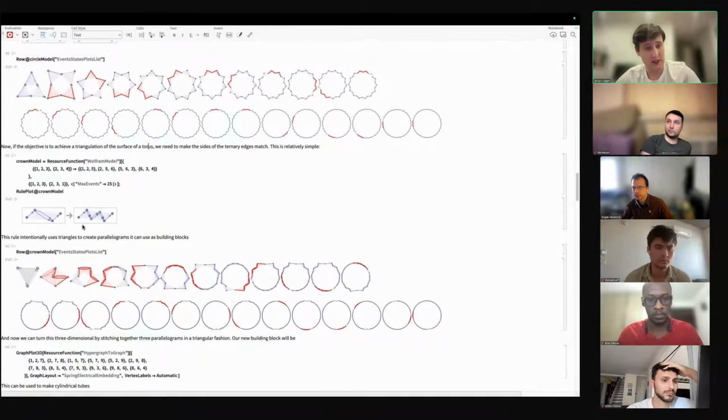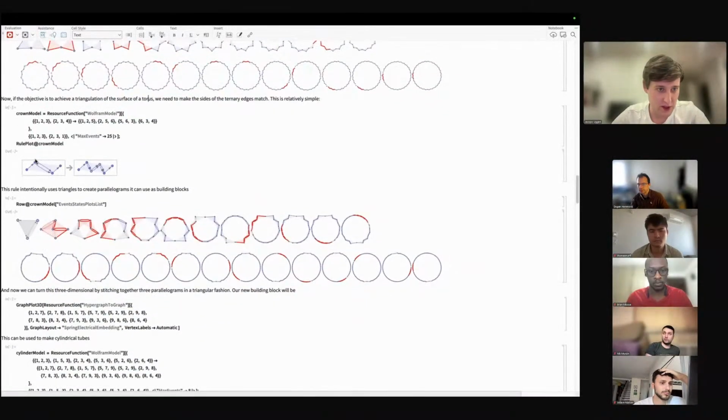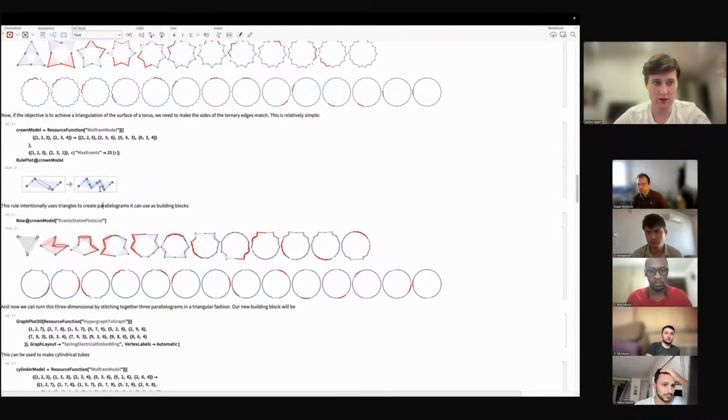The next attempt was to build, the most obvious way to obtain this torus, through a triangulation. That's why I'm using ternary edges, because they naturally give this sort of structure with triangular faces.